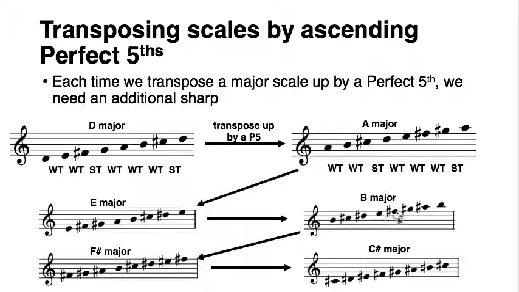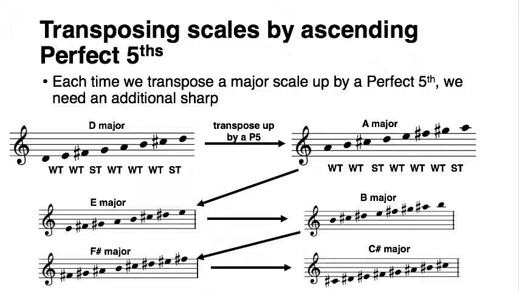Once again, I now need 1 additional sharp, 5 sharps in the B major scale, and they were all present in A major except for A sharp, right? F sharp major will have 6 sharps, and then finally we get to C sharp major, which is a scale in which all 7 scale degrees receive a sharp.